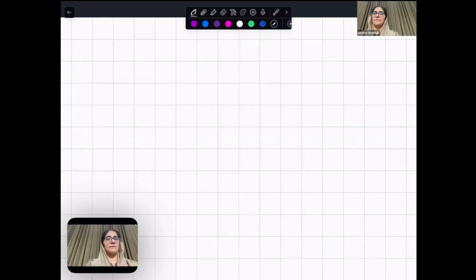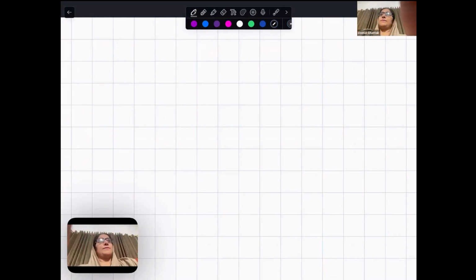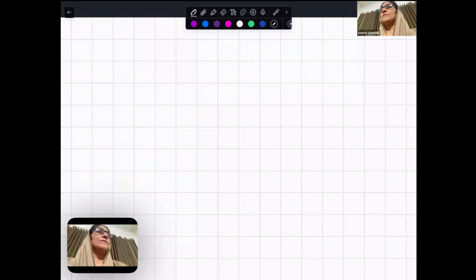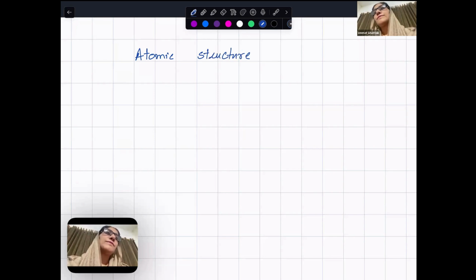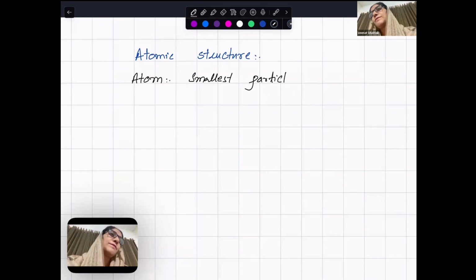This is Notability. Atom. The chapter is what? Atomic structure. And atom: the smallest particle of matter.